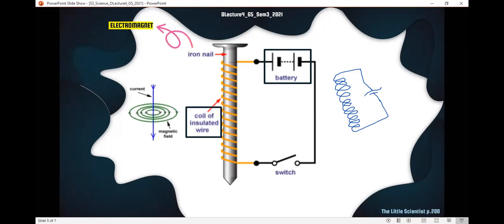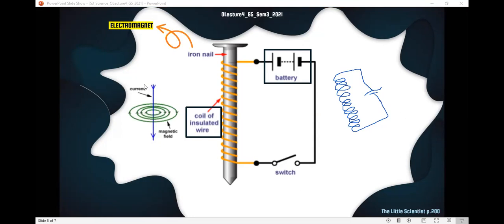Miss, how do we make the electromagnet stronger? How can we make it off and on?